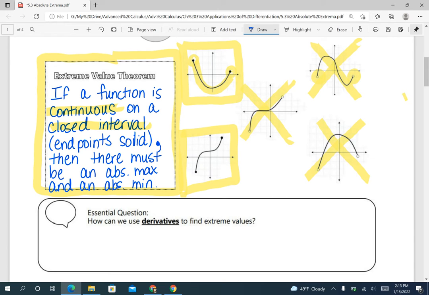Okay, so the extreme value theorem is proving that the absolute maximum and the absolute minimum must exist. So now let's talk about how we can find them.